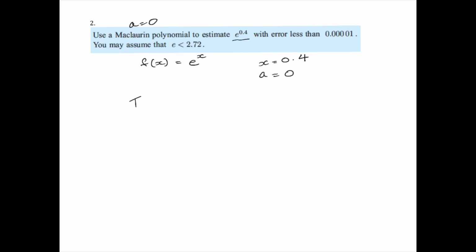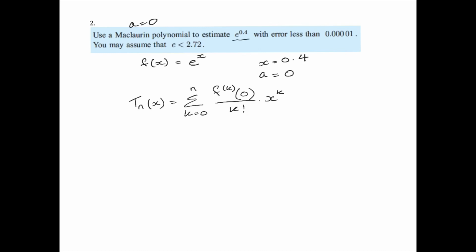Remember, T_n(x) equals the sum from k is 0 to n of f^(k) of usually a, but in this case 0, over k factorial times x to the k, which is usually (x minus a) to the k, but because it's Maclaurin, a is 0 again.